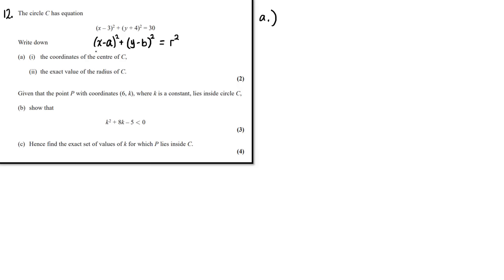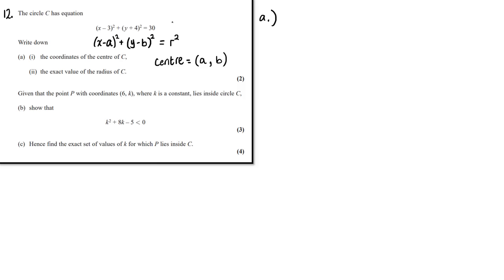And for the centre of this general circle, we take a look at the x minus a and the y minus b. And the centre is just the opposite to this sign. So if I've got x minus a, then the x coordinate of the centre would just be positive a. And the y coordinate here is given with the y minus b, and again, it's just the opposite sign. So if that's minus b, that will be positive b there for the y coordinate. If that was y plus b, then it would be minus b.